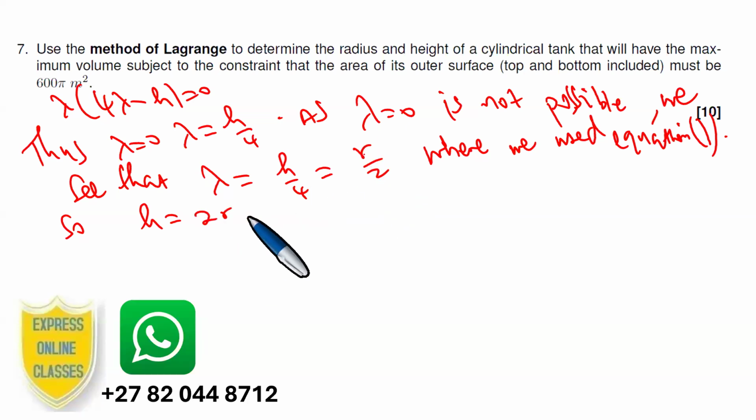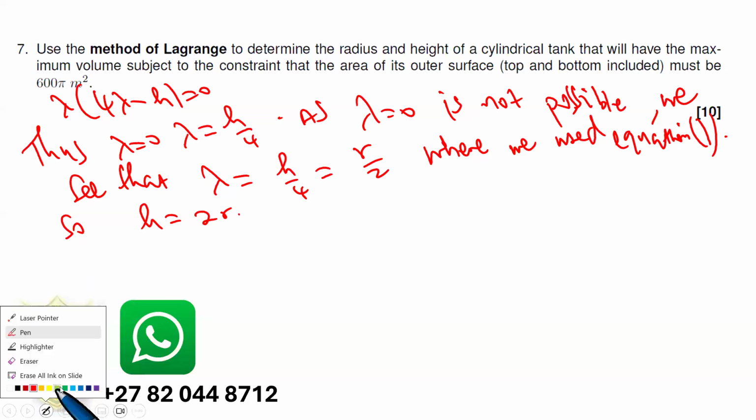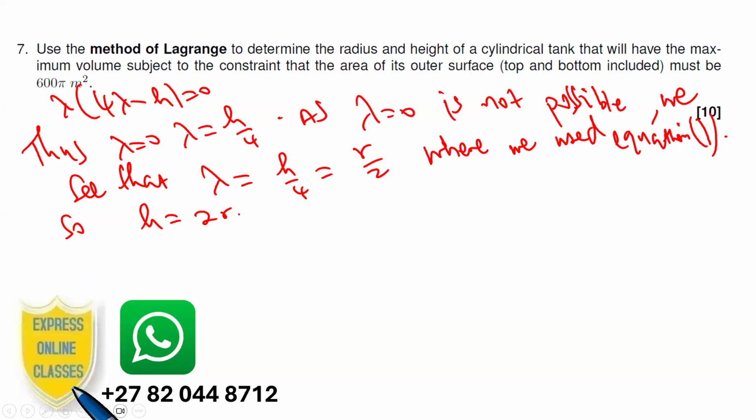And if it's 4r, 4 divided by 2, it's 2. But it's r there. Okay, so this produces another equation. But we're not done yet, because there's another fact we need to use.